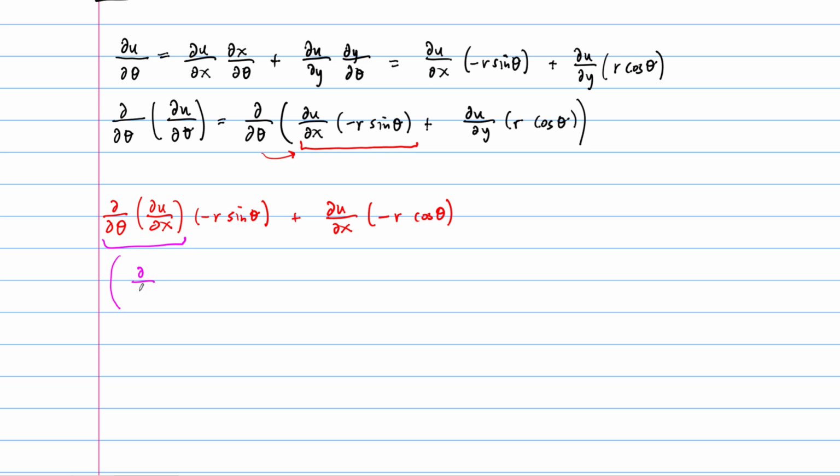This is going to be the x derivative of du by dx times dx by d theta plus the y derivative, whoops, careful with your notation here, the y derivative of du by dx times dy by d theta, and then this is all still multiplied by minus r sine theta, and then the next one's going to be done, right?